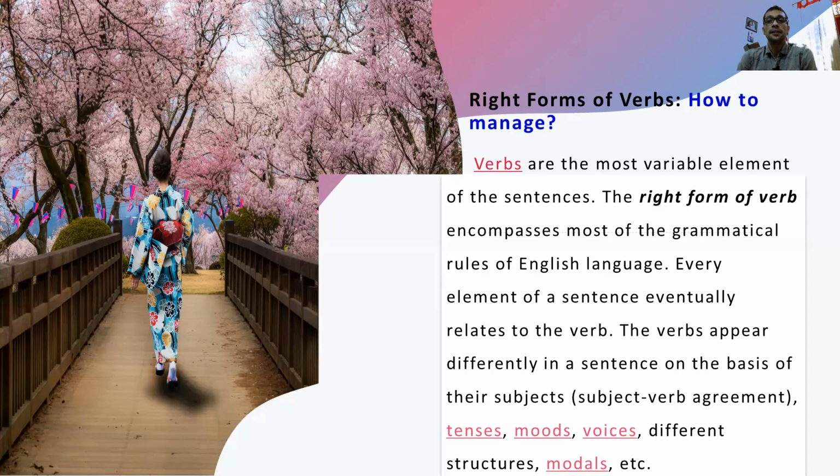Every element of a sentence eventually relates to the verb. The verbs appear differently in a sentence on the basis of their subjects. That is subject-verb agreement, tenses, moods, voices, different structures, modals, etc. In this presentation, I would be talking about subject-verb agreement and all the rules relating to this. Okay, dear students, let's move forward and go to the next slide.